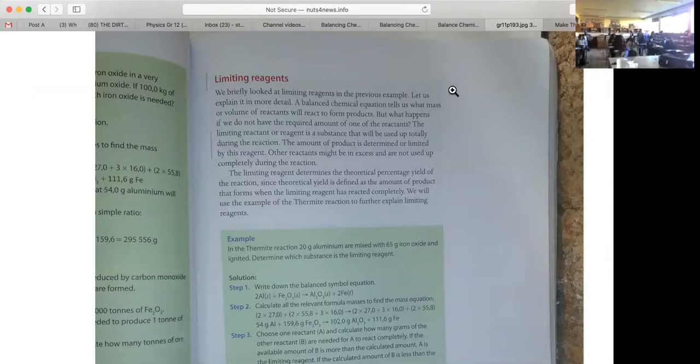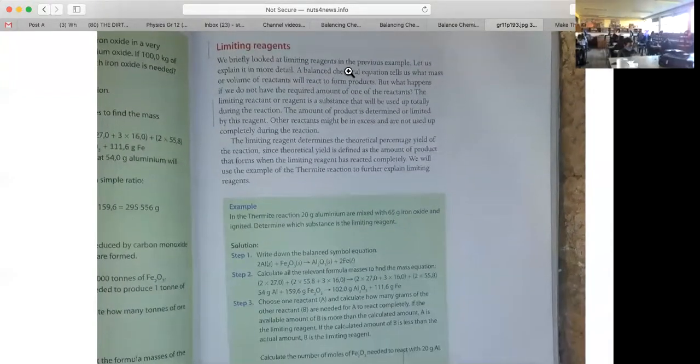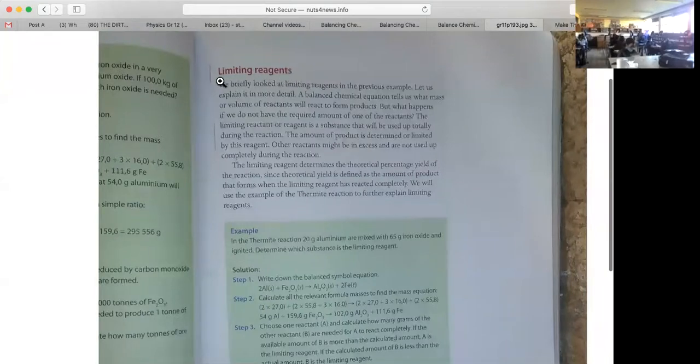Have some of you gone to this website, clicked on the pages, and highlighted your textbook similarly? Just hands up if anybody's done that. Anybody? Okay, but I did give the link on Google Classroom, and this would be page 193 of your textbook, under limiting reagents.